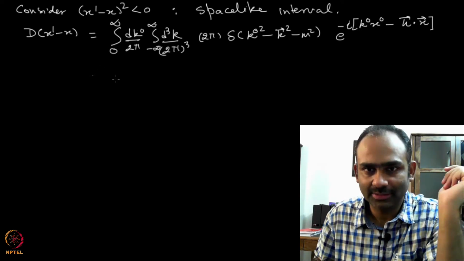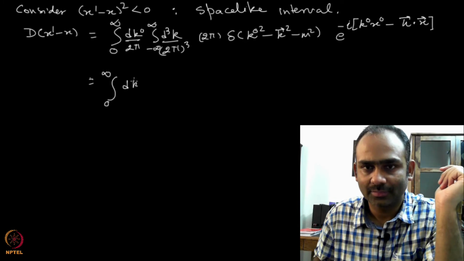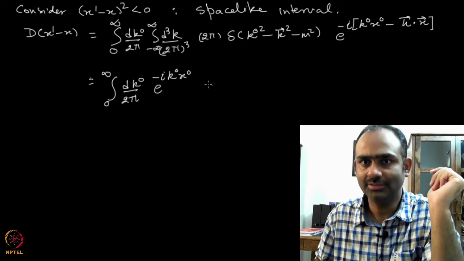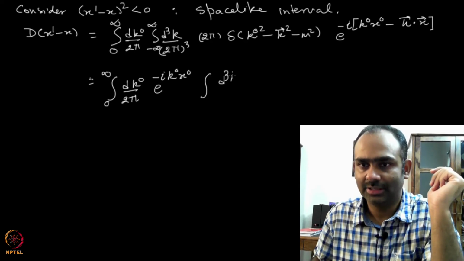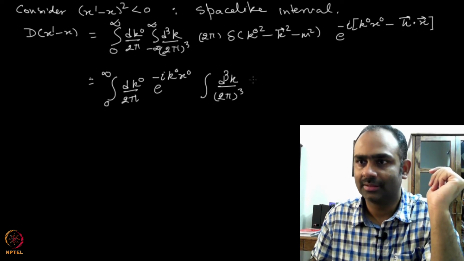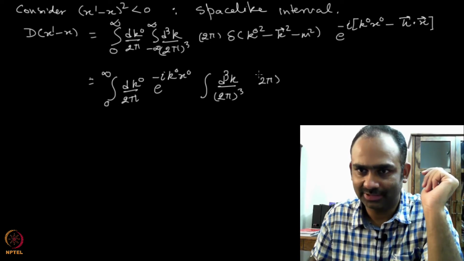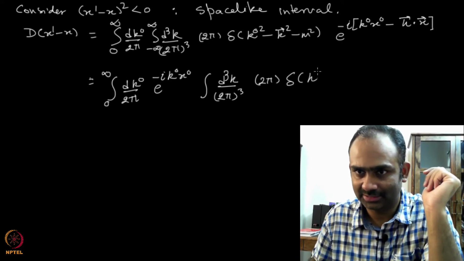Let me write one more step: e to the minus i k0 x0 d^3k. It's not necessary that I do this, but it looks a little bit neater.